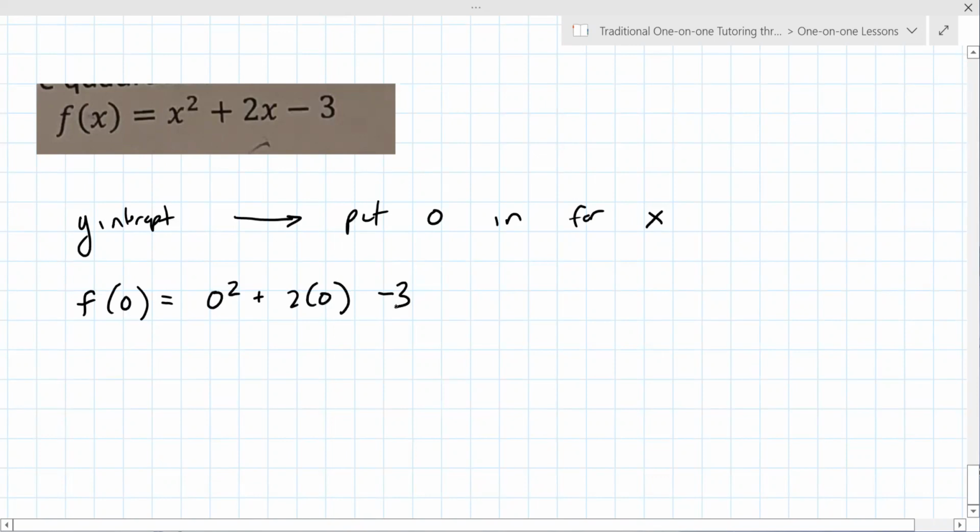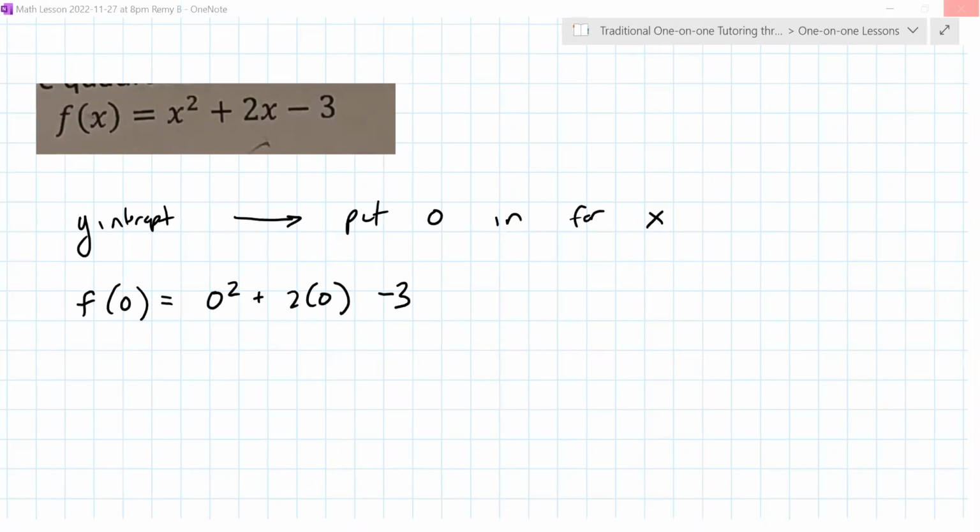Okay, what does that simplify to? Can you determine that for us? Can you guide me through it? I'm just asking you to simplify what's on the right here.